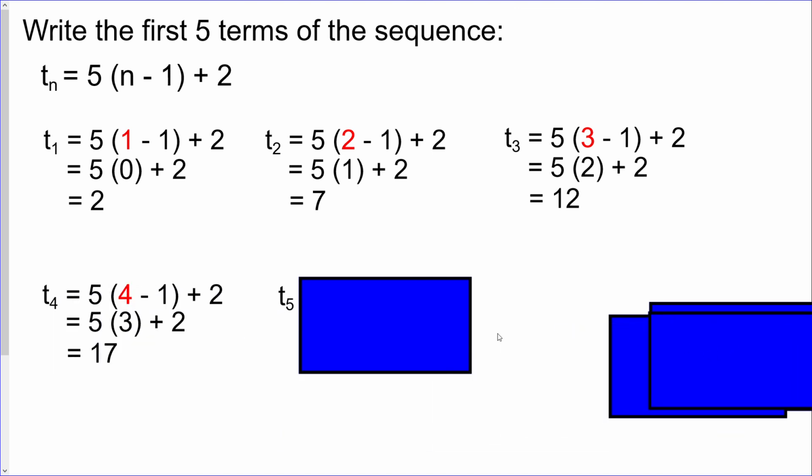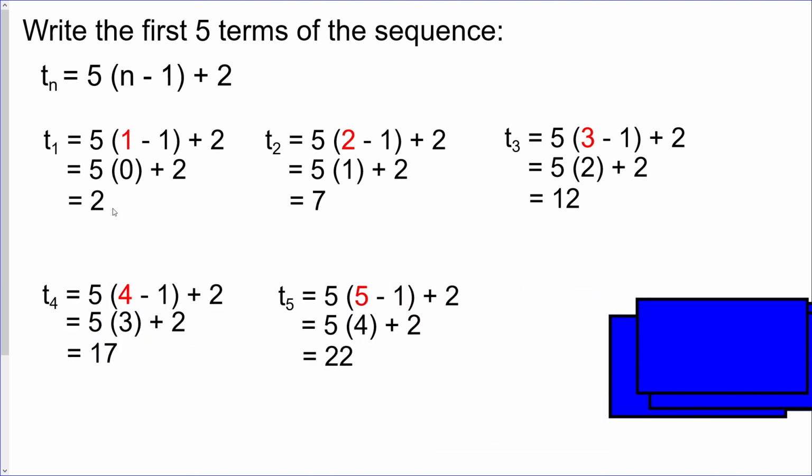Okay, I did it for these last 2, but hopefully if you were going through and just figuring out what the next one would be by doing some counting, you ended up with these 2 as well. Okay, so it's just going up by 5 each time. So the first 5 terms are 2, 7, 12, 17, and 22.